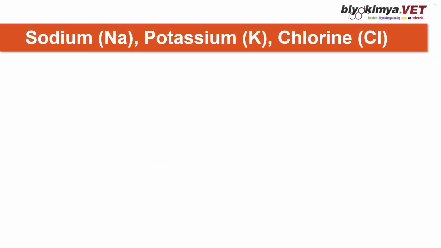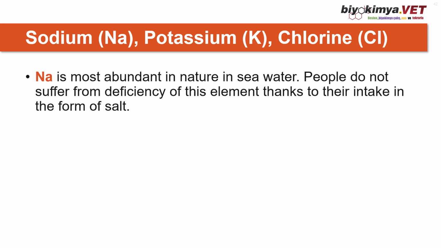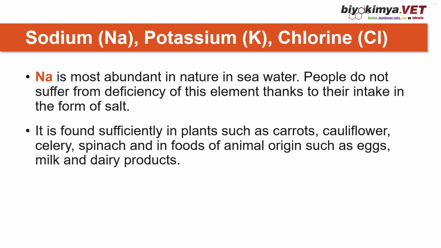Sodium, potassium, chlorine. Sodium is most abundant in nature, in seawater. People did not suffer from deficiency of this element thanks to their intake in the form of salt. It is found sufficiently in plants such as carrots, cauliflower, celery, spinach, and in foods of animal origin such as eggs, meat, and dairy products.